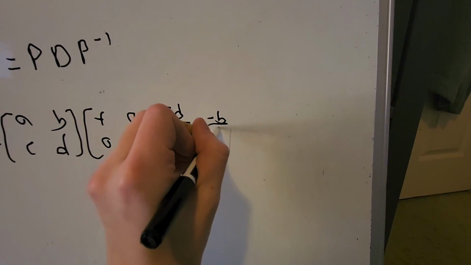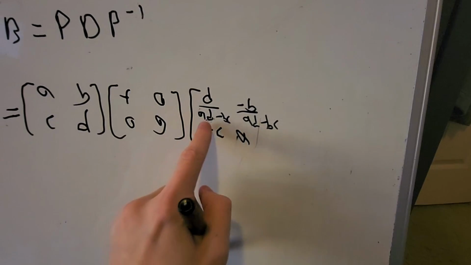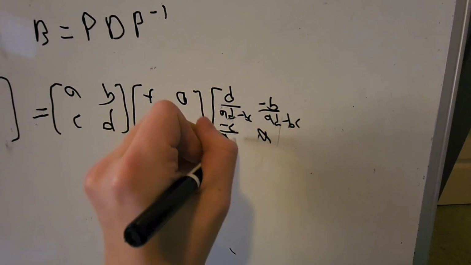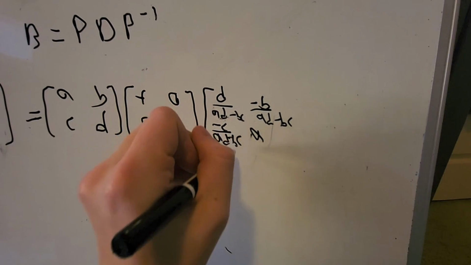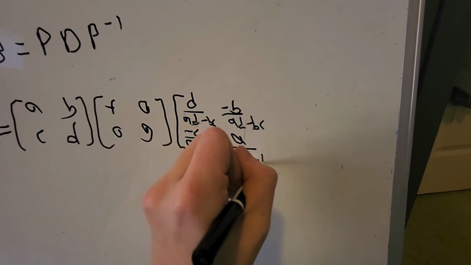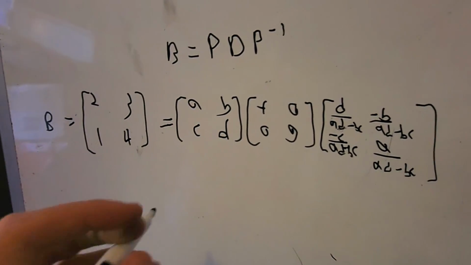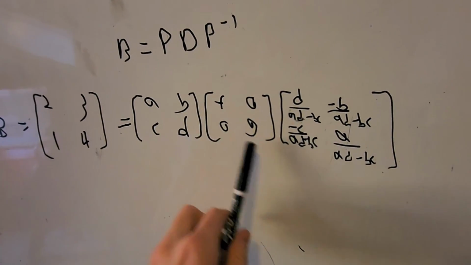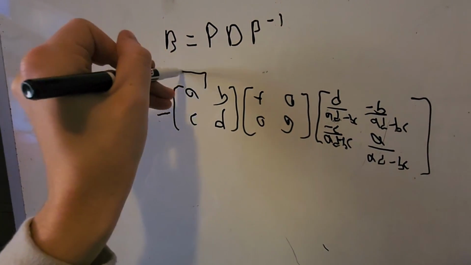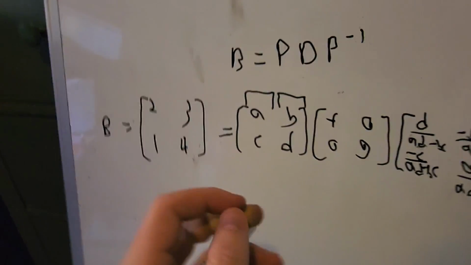So everybody gets divided by this. Cool. These are eigenvalues, and each of these are eigenvectors, and then we can figure this out later.